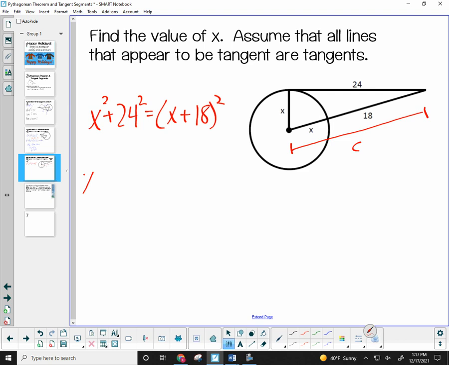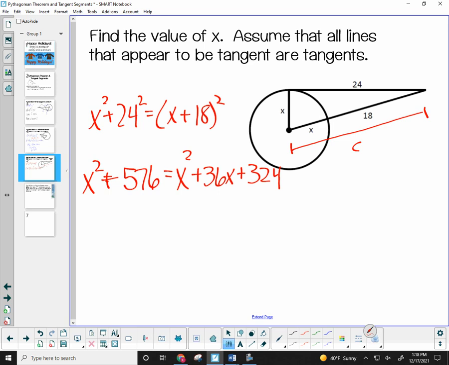So I have x squared plus 576, equals x squared plus 36x plus 324. Again, we got lucky because our x squareds are going to cancel. If your x squareds don't cancel, first of all, you could use the quadratic formula, but you can do every one of these problems without having to do that. I will try to look at it a different way, and you'll see that when you do the practice.